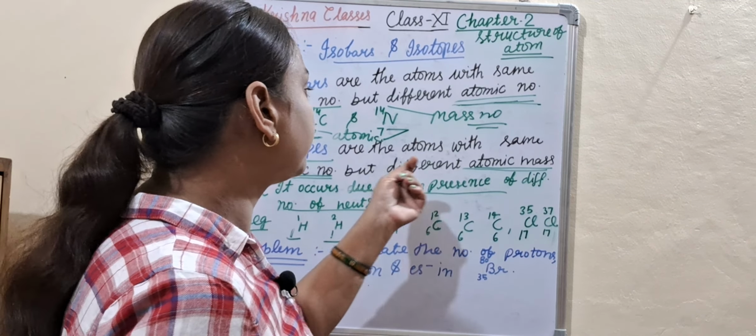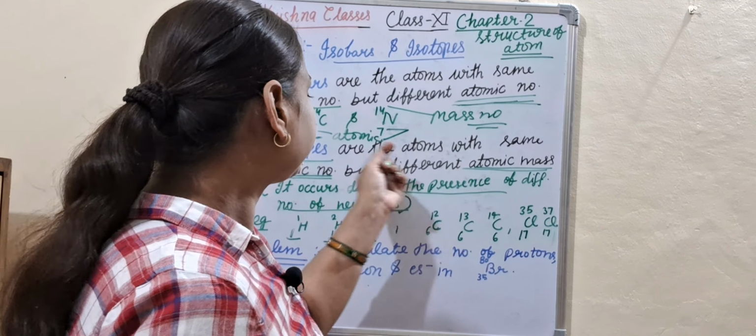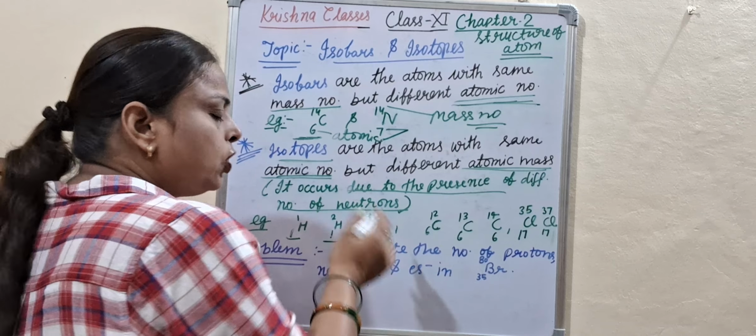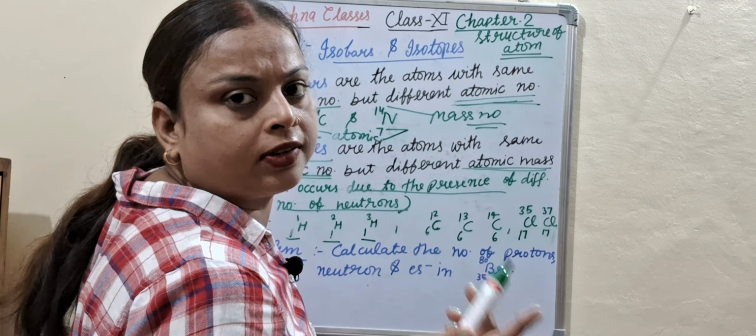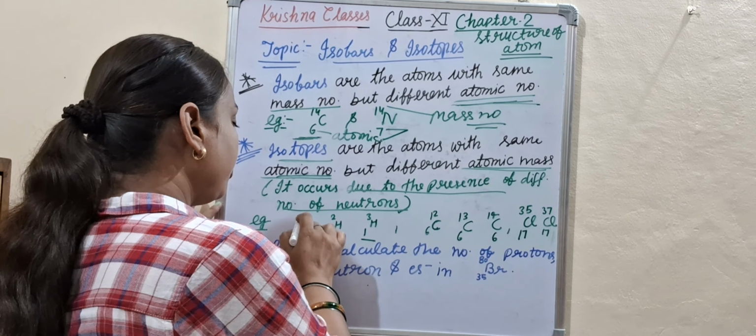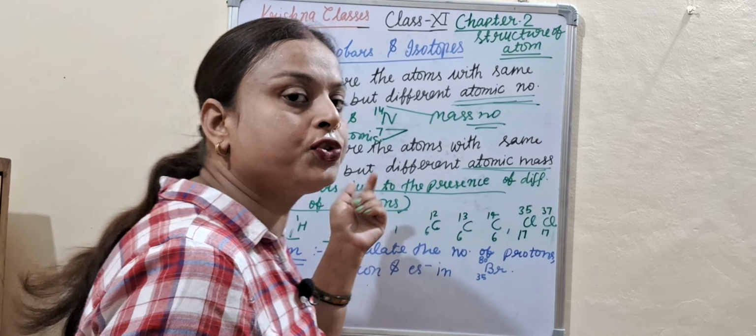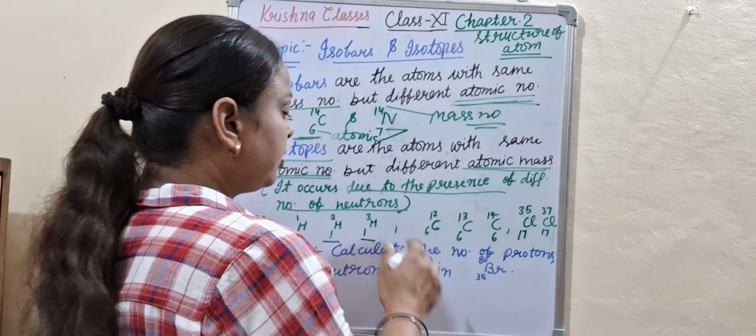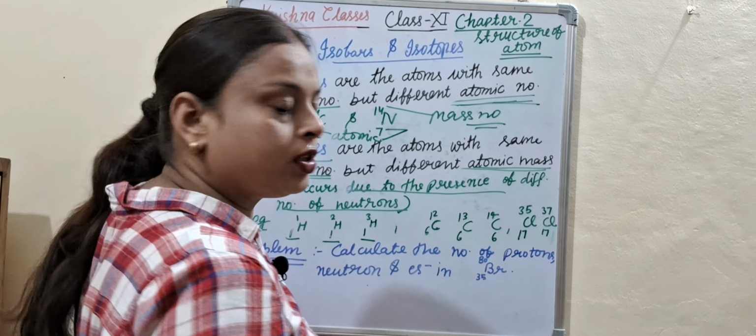What is an isotope? I repeat again, the atomic number is the same but the atomic mass is different due to the difference in the number of neutrons, like protium 1H1, deuterium 1H2, tritium 1H3. These are the isotopes of hydrogen.